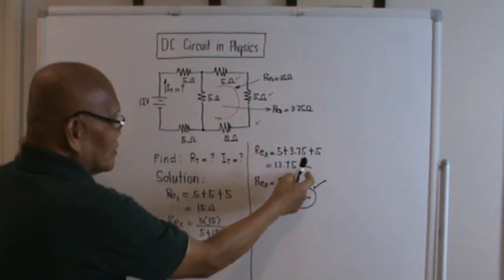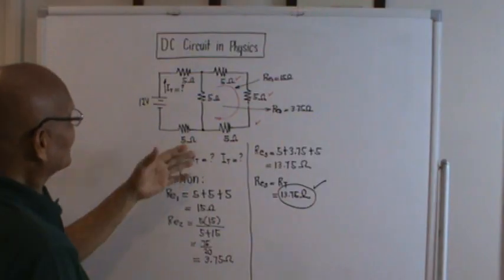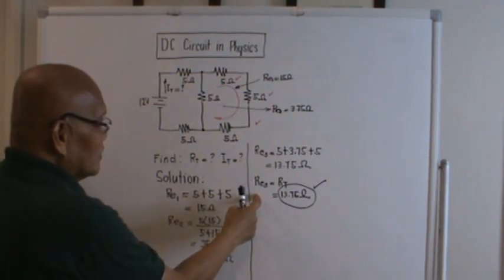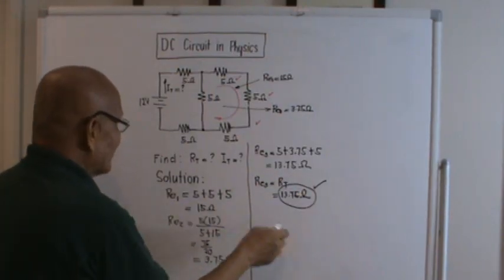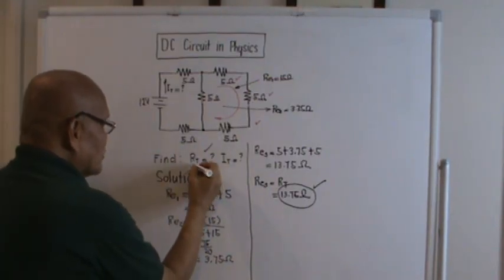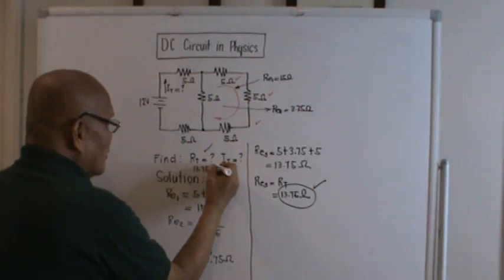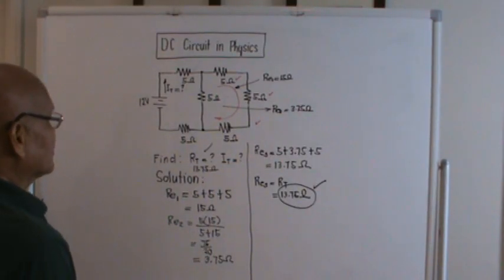And what comes out is 13.75. And if we try to analyze it, R total is actually RE3. That's why RE3 is actually equal to R total, and that will be equal to 13.75 ohms. So R total is 13.75 ohms. Okay. Oh, what's next?